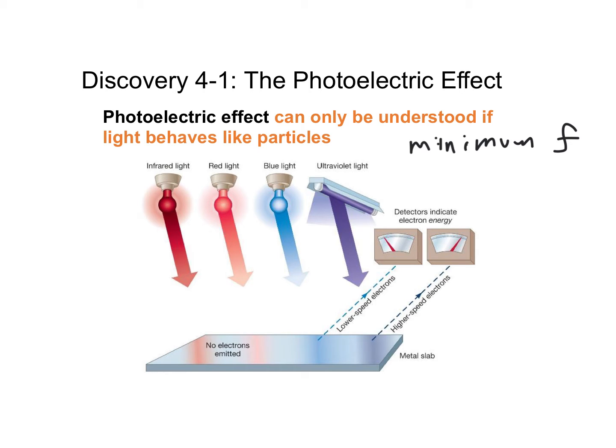Now, on the other hand, once you start getting the blue light and then the ultraviolet light, then you start getting electrons flowing, you get currents. Now, what happens if you take these and you turn up the intensity? Well, when you have increased intensity, you get more electrons, but they all have the same energy.